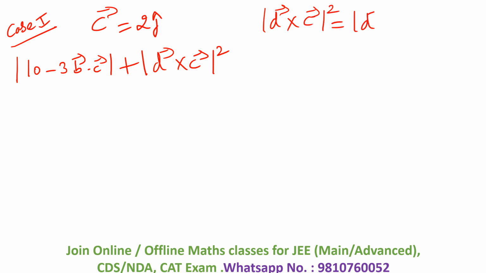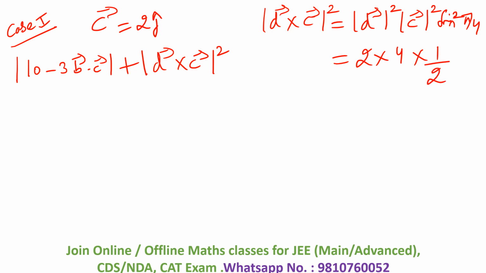This becomes square of mod d into square of mod c into sine square pi by 4. Now students, just put in the values. Square of mod d becomes 2, square of mod c becomes 4, and sine square pi by 4 is 1 upon 2. So the value of this part becomes 4.